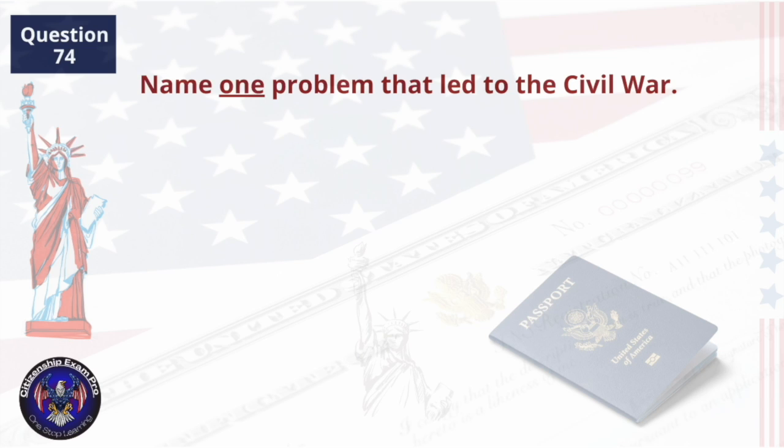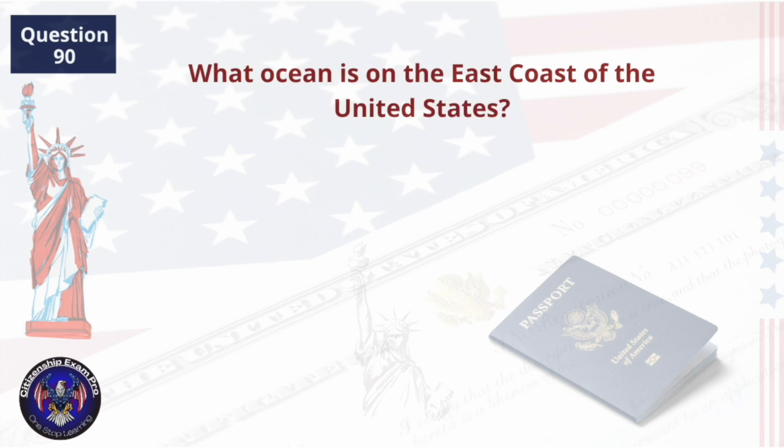Name one problem that led to the Civil War. Slavery. What ocean is on the east coast of the United States? Atlantic Ocean.